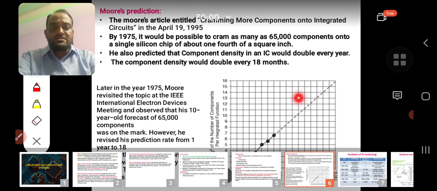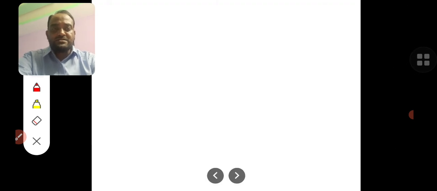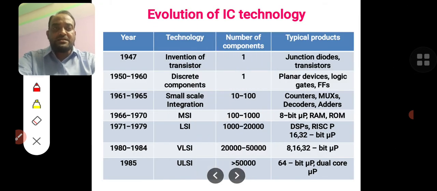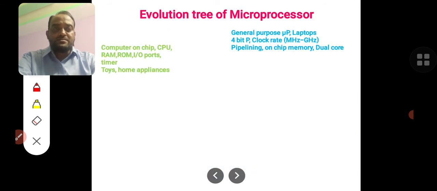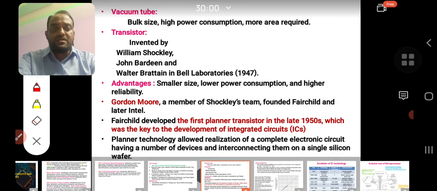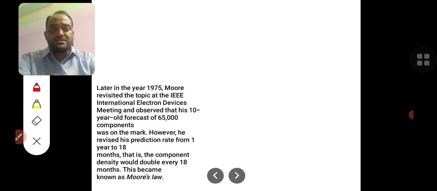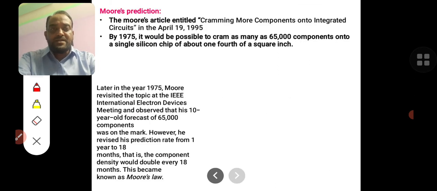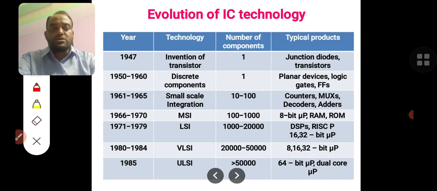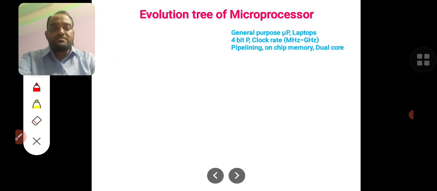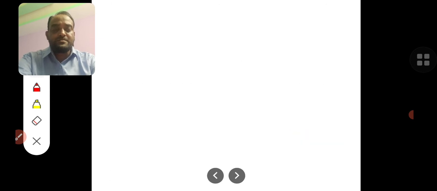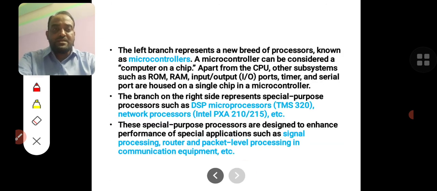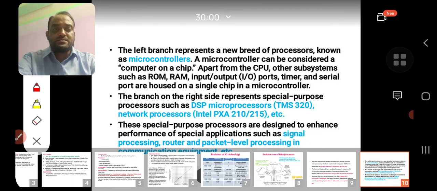Then the IEEE conference requested Gordon Moore to predict once again, a brief look at the next 30 years. Gordon Moore then extended his prediction till 2010, which will be shown in the coming presentation slide. Just have a look at that.